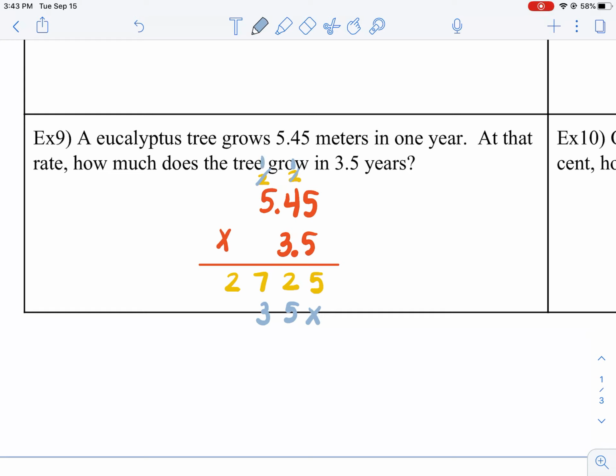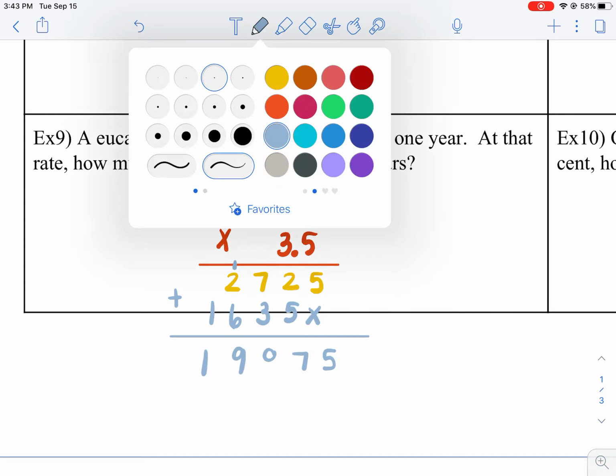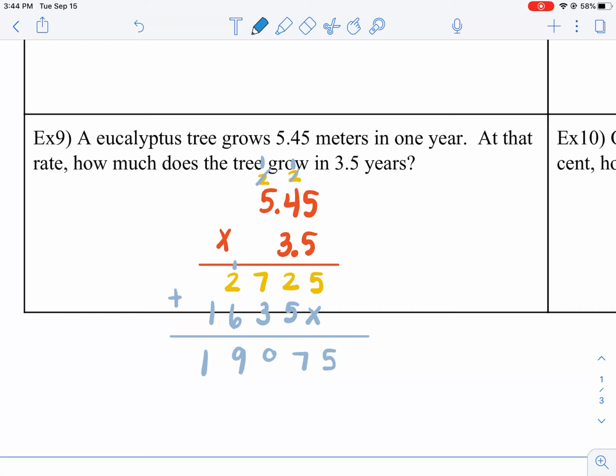And then 3 times 5, which is 15, plus 1, which is 16. And we're going to add them up. So we have 5, 7, 10, 9 and 1.